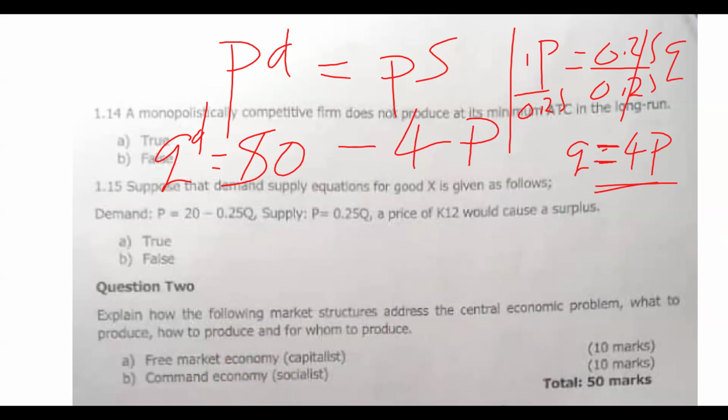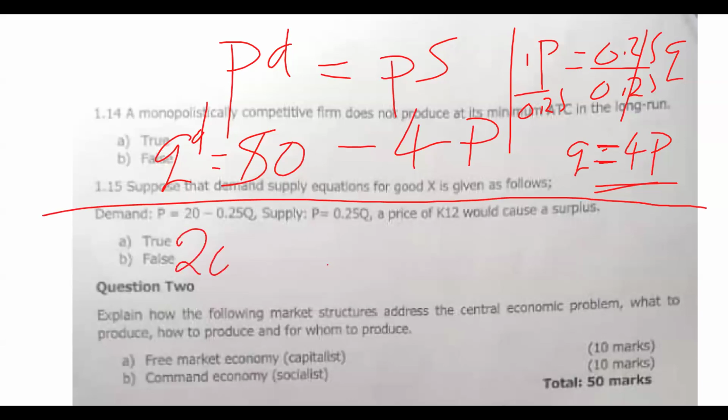I think we should use the first one, the prices. Okay, so the price for demand, 20 minus 0.25 Q, should be equal to the one for supply, 0.25 Q.